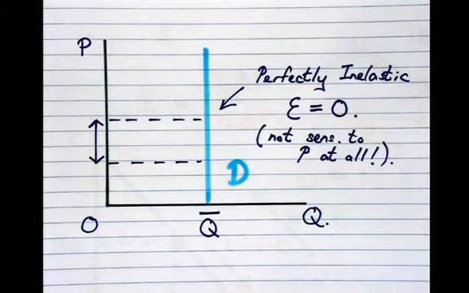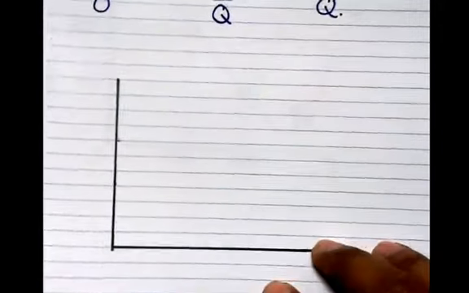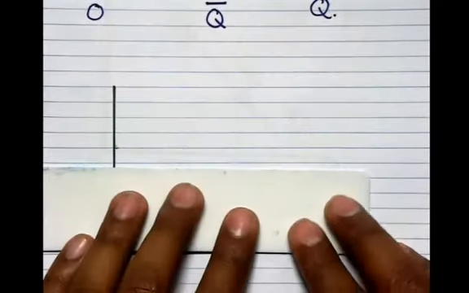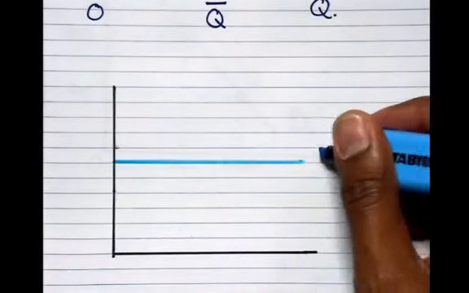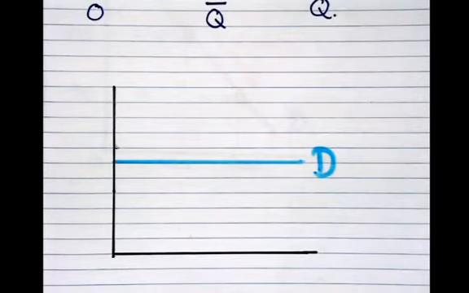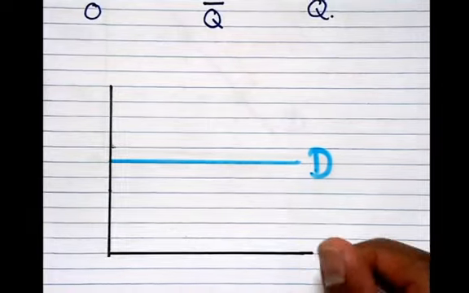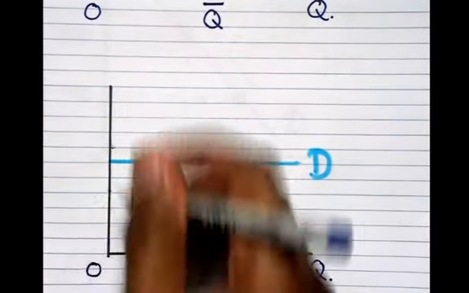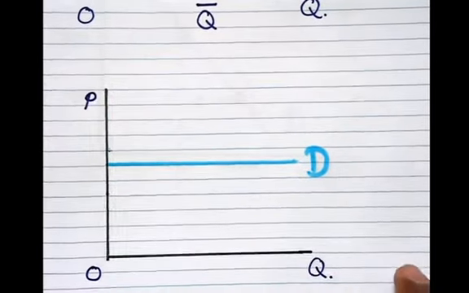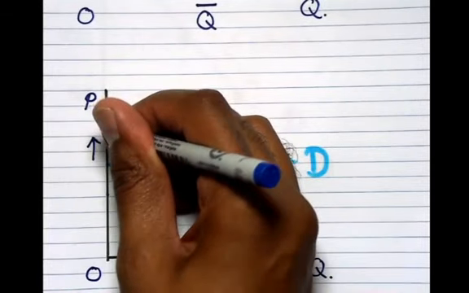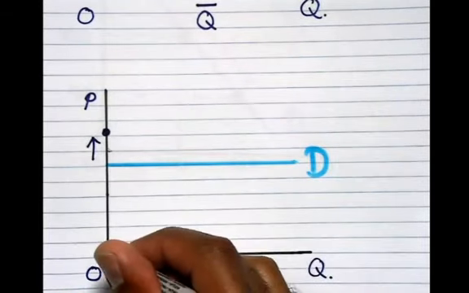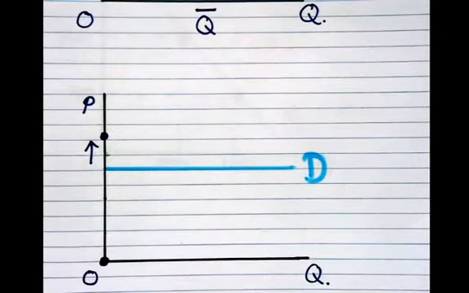Top of page 14, another special case. Is this demand curve sensitive to the price? If the price were to increase, the quantity demanded would be 0.